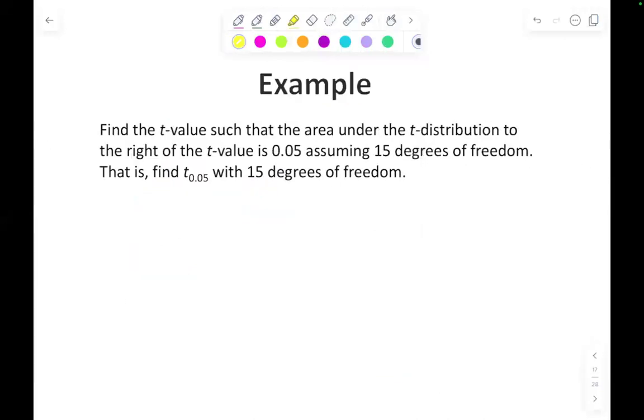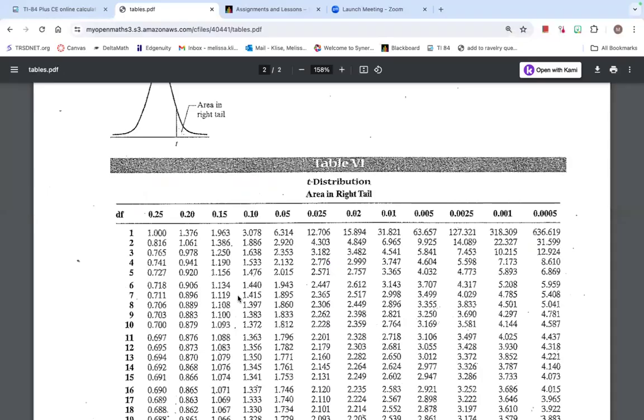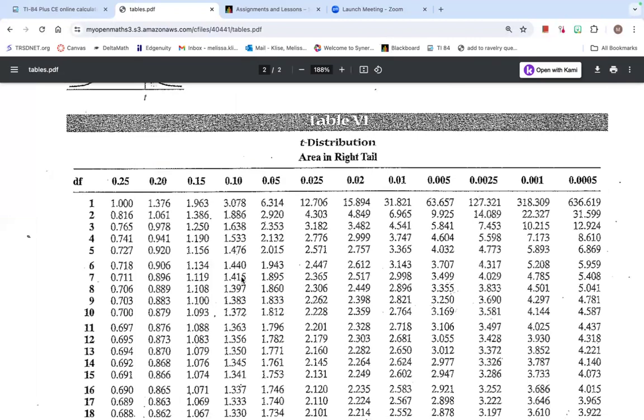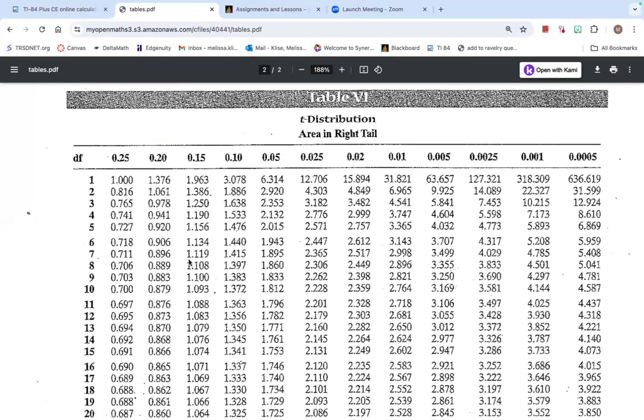All right. Okay, so I would like you to find the t value so that the area under the t distribution to the right of the t value is 0.05. We have 15 degrees of freedom. I'm going to go back to the t table here. So we're looking for 0.05 and 15 degrees of freedom.